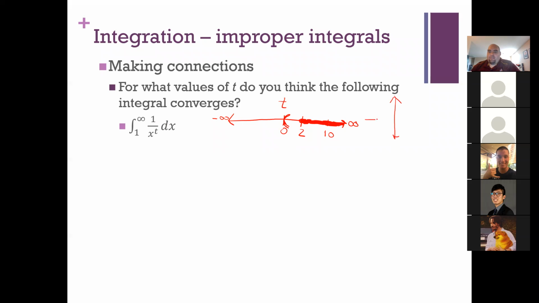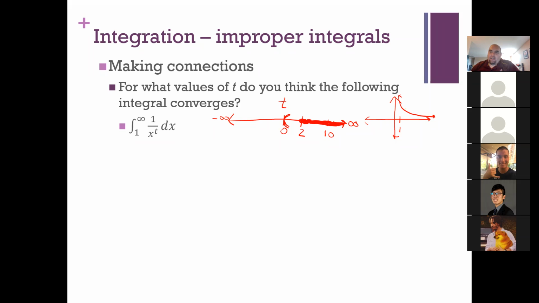Let me show you a rough idea of what this graph looks like. If this is x equals 1, then the graph is going to look like this. When we're integrating, we're dealing with continuous functions. I care about what this function is for every value of x.